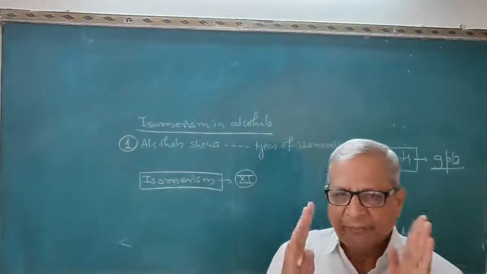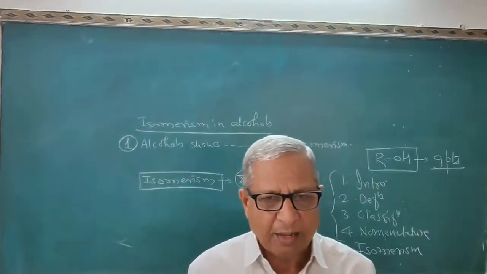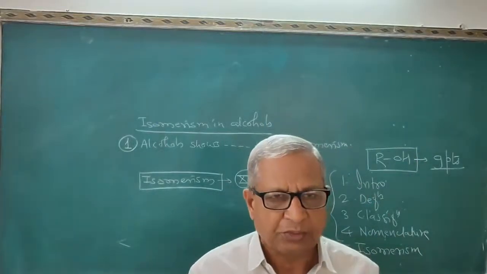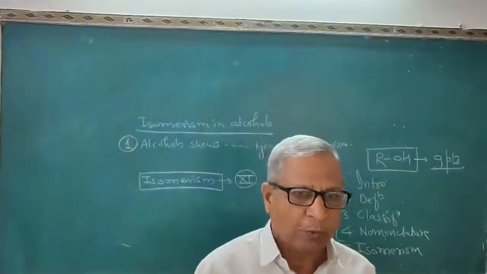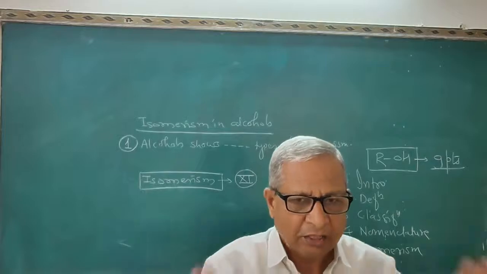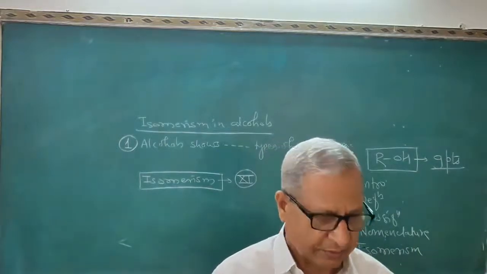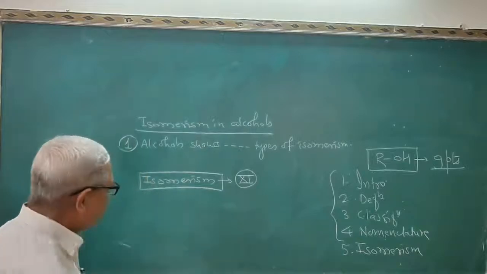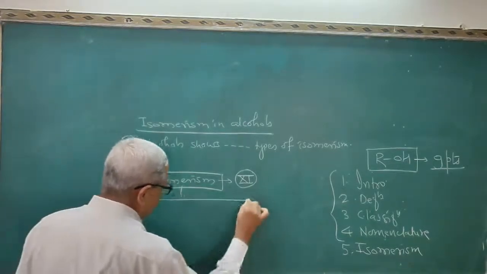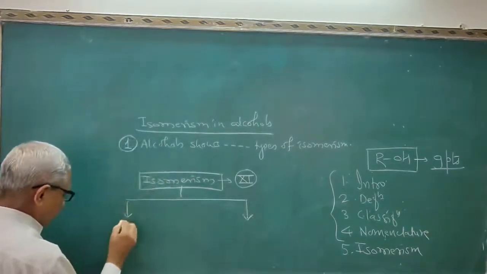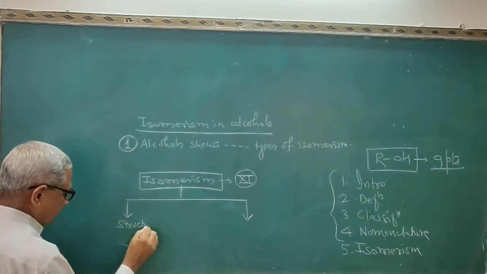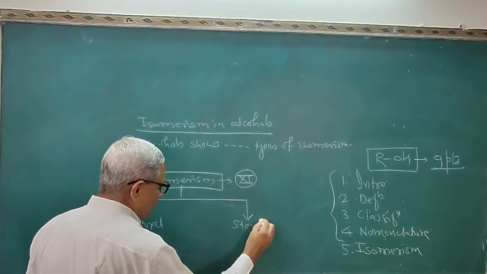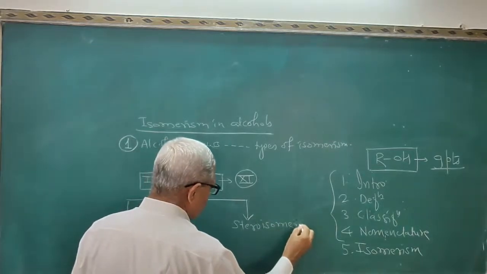The compounds having the same molecular formula but different structural formulae are called isomers of each other, and this whole property or phenomenon is known as isomerism. Isomerism, I will take a revision of the 11th standard syllabus, is mainly 2 types. One is structural isomerism, and second is stereoisomerism.